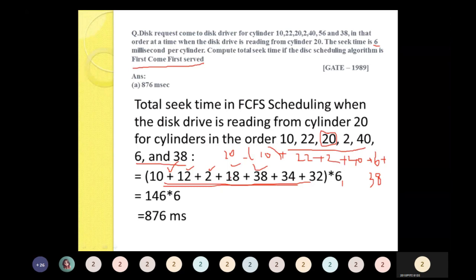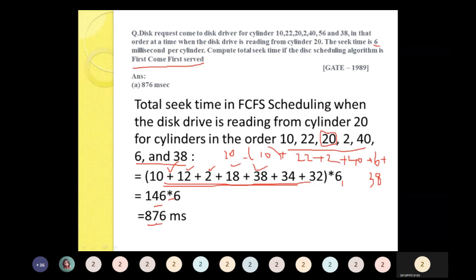So how many cylinders do we have? 7 cylinders. So the total distance, 146, into 6, is 876 millisecond. So 876 millisecond is needed to complete this one. In the FCFS method, my answer is 876 millisecond.